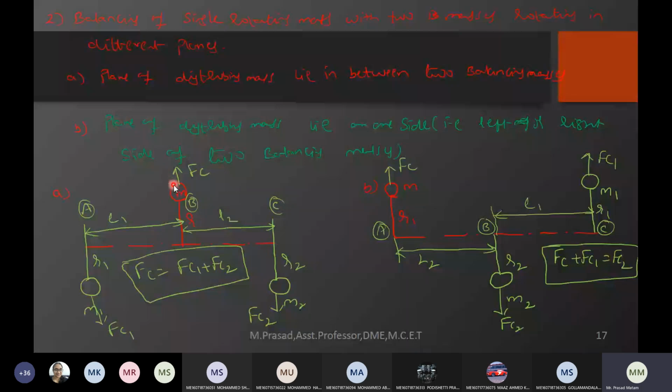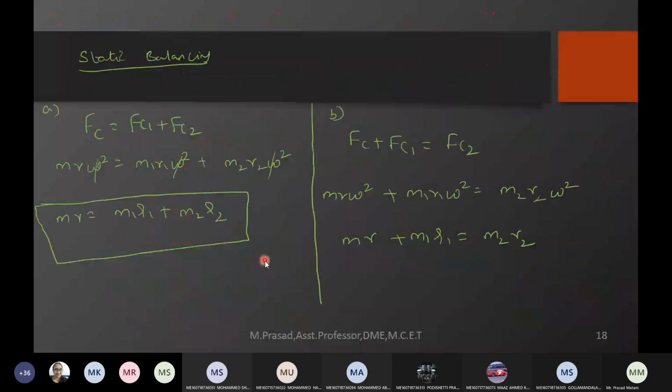This centrifugal force is balanced with the two downward centrifugal forces, Fc1 and Fc2. This is how I have done the static balancing. Fc is equal to Fc1 plus Fc2, and the condition for static balancing is m r is equal to m1 r1 plus m2 r2. Similarly, for case B, m r plus m1 r1 is equal to m2 r2. This is the condition for static balancing for case B.